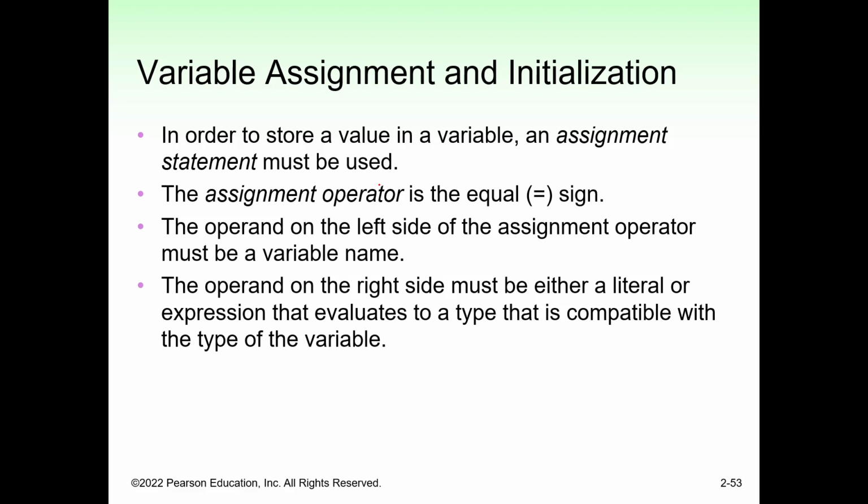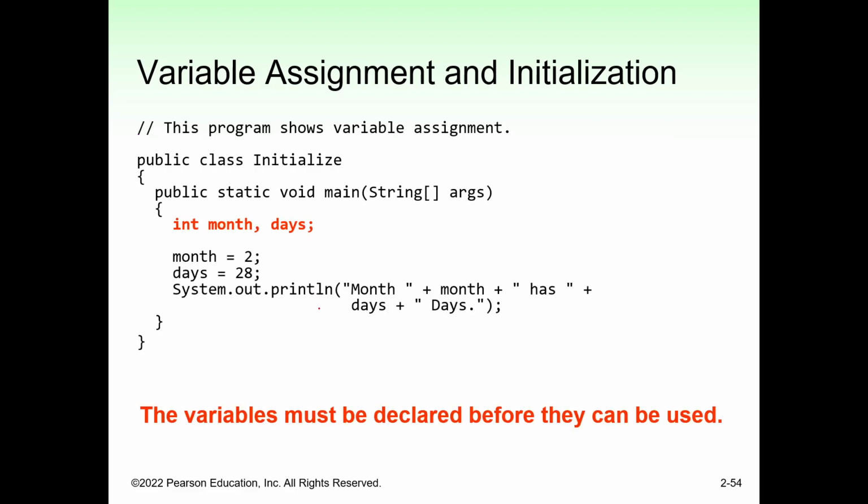The operand on the left side of the equal sign is going to be the variable name, and on the right is going to be whatever data type value you want to assign to your variable. But the type of that data has to be compatible with the data type that you assign to that variable.